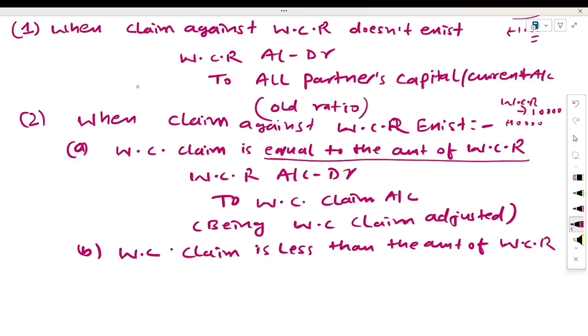Then what would happen? Suppose you have created a reserve of rupees 10,000. Your worker is claiming only 8,000, not 10,000. In this situation, what would happen?